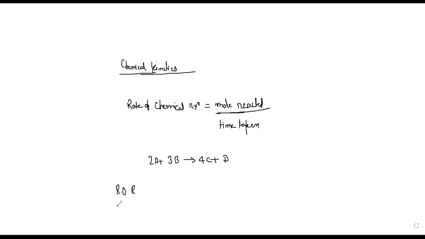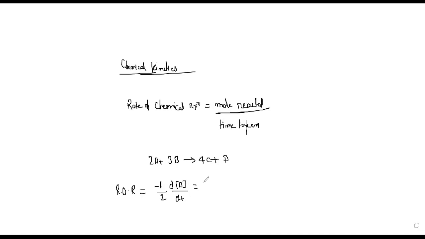I will write the rate of the chemical reaction by using the shortcut. This is the ROR, which means the rate of the chemical reaction. This is 2, this is 3, this value will be 4, this value will be D. We can write this as 1 by 2 into minus dA by dt.